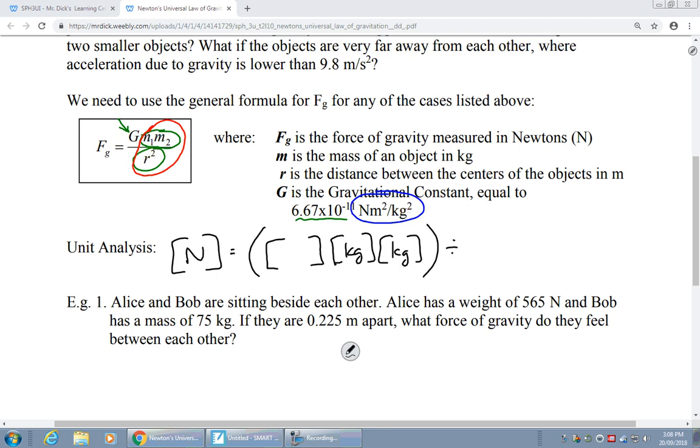And then we take all of that and we divide by something that's in meters, but then those meters are being squared. Remember, we're dividing by the square of the distance of separation. So the only unit that I haven't filled in yet is this special unit for the gravitational constant. So why did it end up being such a weird unit?